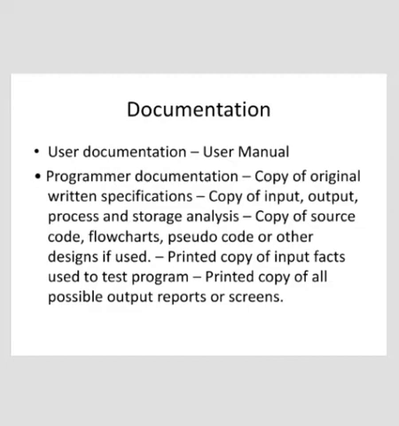Programmer documentation includes a copy of the original written specifications, a copy of input, output, process and storage analysis, a copy of the source code, flowchart, pseudocode or other designs if used, a printed copy of input facts used to test the program, and a printed copy of all possible output reports or screens.